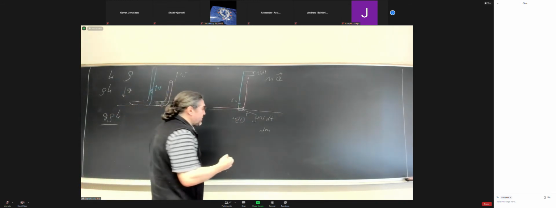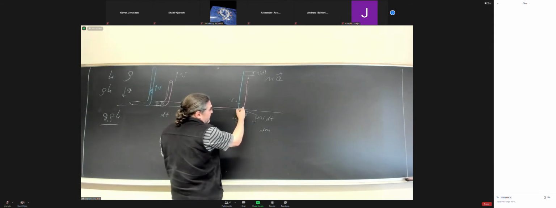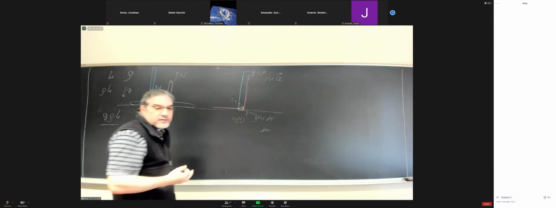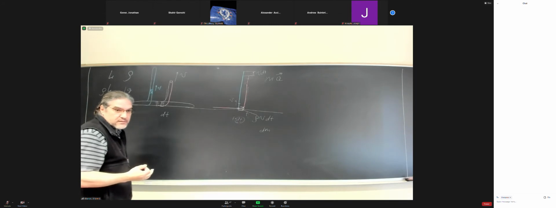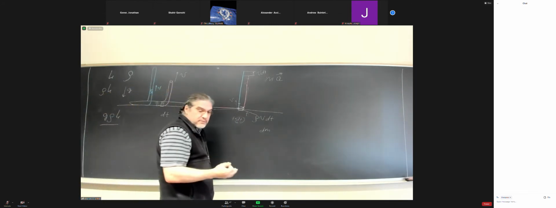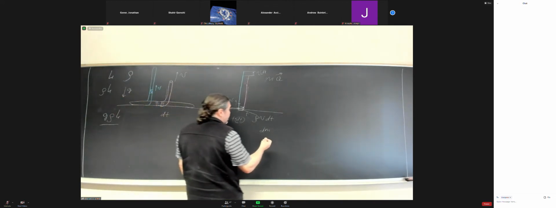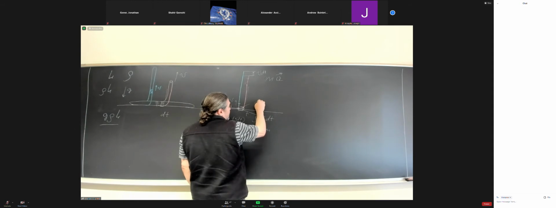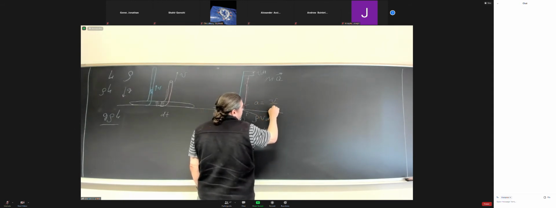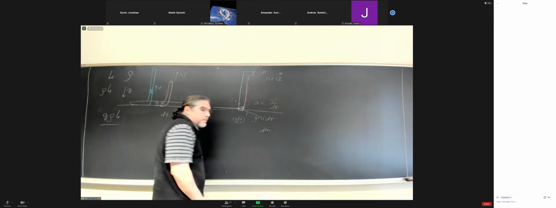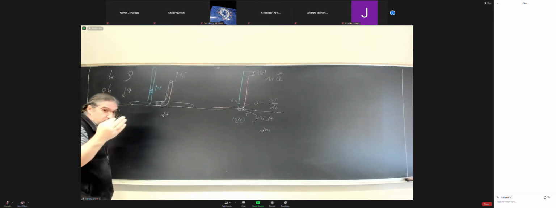So during time dt, the velocity of that piece changed by v. It was 0 before, it's v after. So the acceleration of that piece is v divided by dt. Change of velocity divided by time.